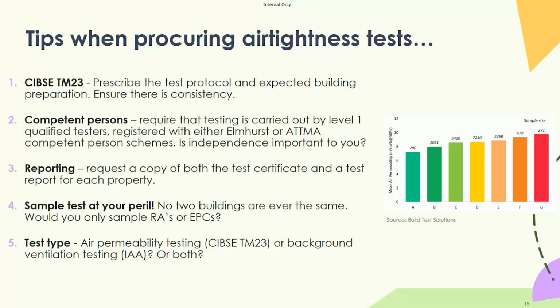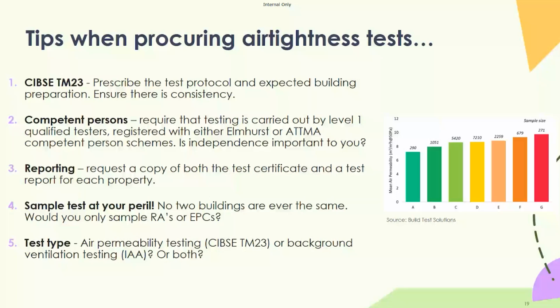I know there's a real mixed bag out there in terms of delivery. It's not unusual for a contractor to deliver the PAS 2035 compliance alongside the delivery of works. But again, you might want to consider if independence is important to you, and indeed the scope to bring air tightness testing in-house perhaps, to test your own properties.